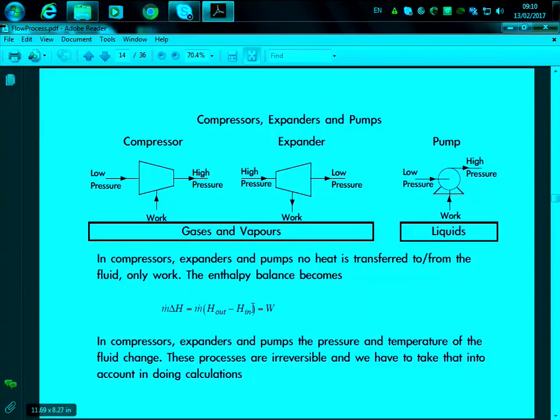In this case we have the enthalpy balance, and we basically work in sort of an adiabatic process, which is expanders and pumps, no heat is transferred to or from the fluid, only work. And then in compressors, expanders and pumps, the pressure and temperature of the fluid changes. So basically we have pressure and temperature changes throughout the system while the fluid is going through it.